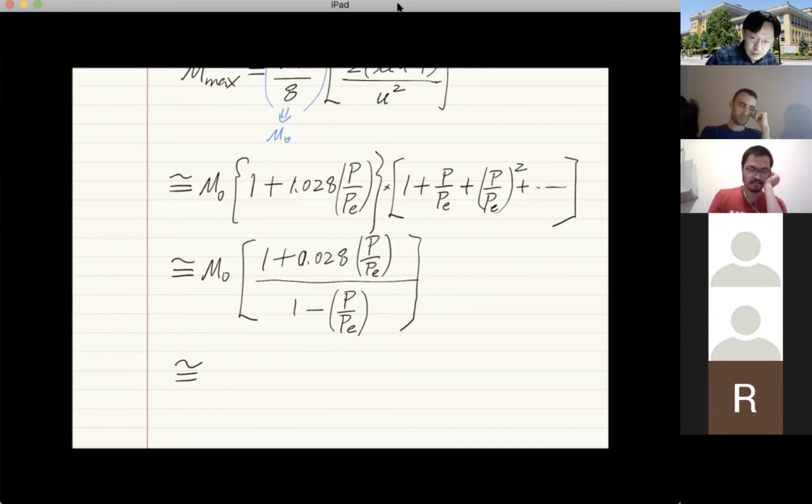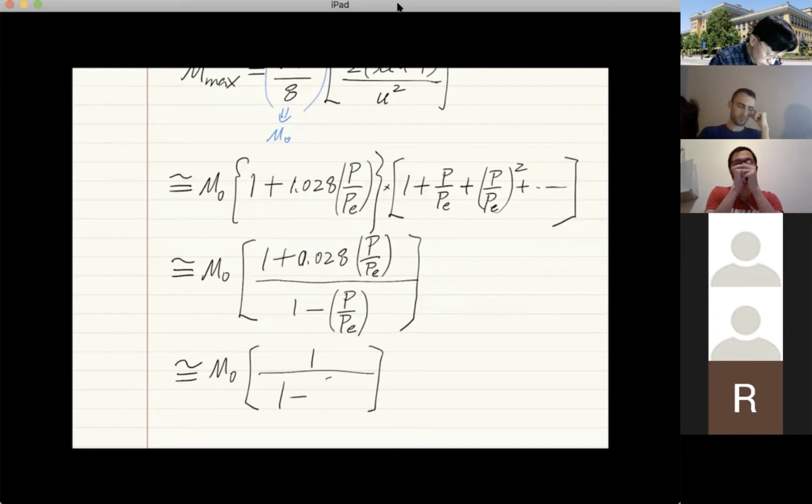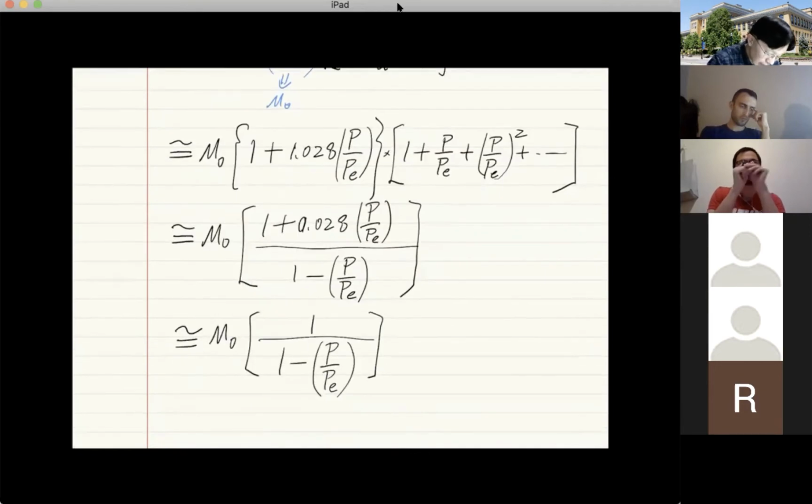And then finally, we say that this whole thing can also be approximated by just this. And of course, the last one is highly simplified. So this is a simplified expression.